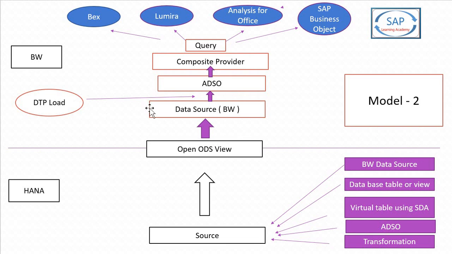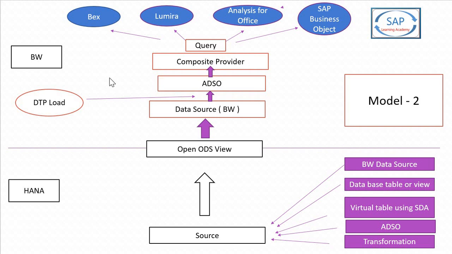You can create a transformation, create a DTP, write your logic right here, and load into the ADSO. Once you have loaded the data into your ADSO, and there can be multiple ADSOs as well, you can consume those ADSOs into the composite provider.